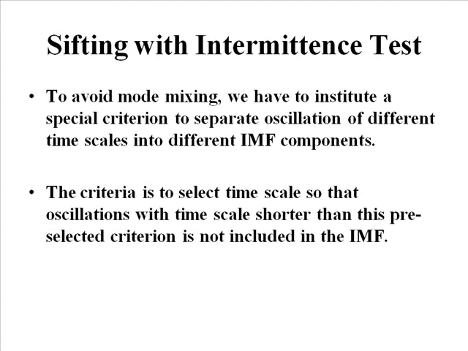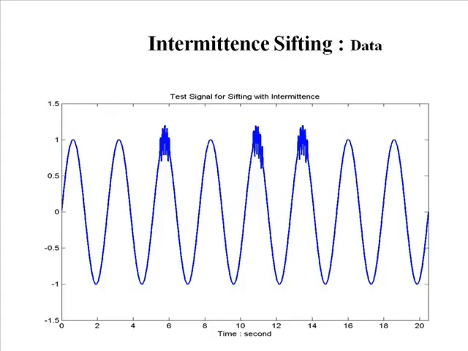So in order to avoid mode mixing, we have to institute some special criteria. Okay? This criteria is to separate the oscillations of different time scales into different IMF components. This criteria is selected based on the scale, so that different length scales can be sorted out differently.